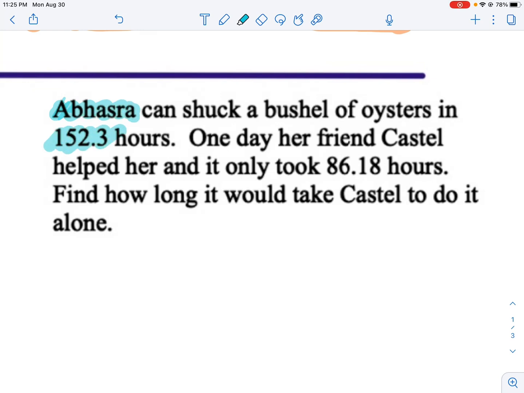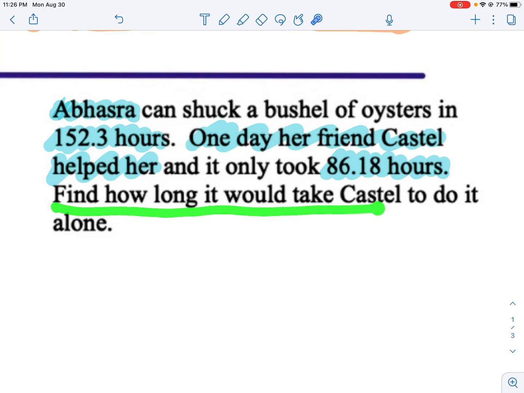One day her friend Castell helped her, and it only took 86.18 hours. So they worked together and did it in 86.18 hours. Find how long it would take Castell to do it alone.